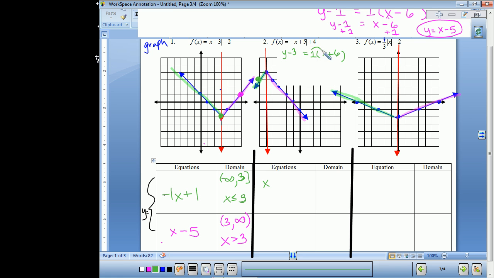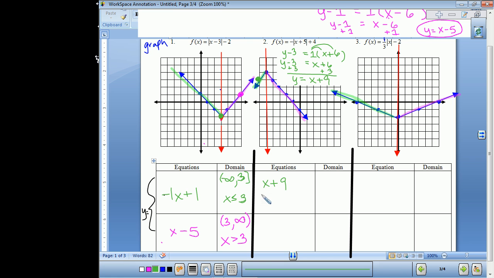So if I simplify this, I get x plus 6, y minus 3. And when I add 3 to both sides, I get this left side is y equals x plus 9. So I couldn't see the plus 9, but that's what the y-intercept would be if I got to graph the whole thing.